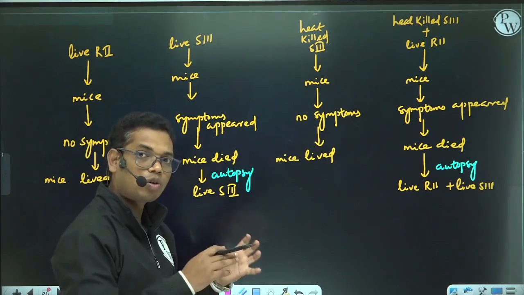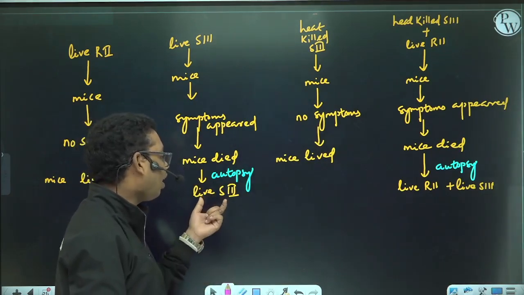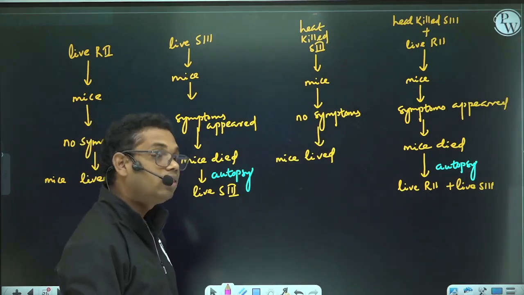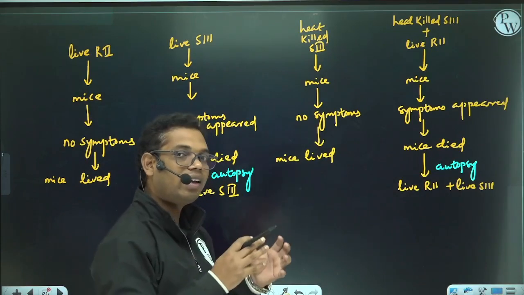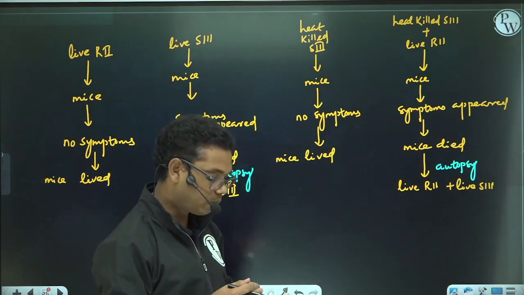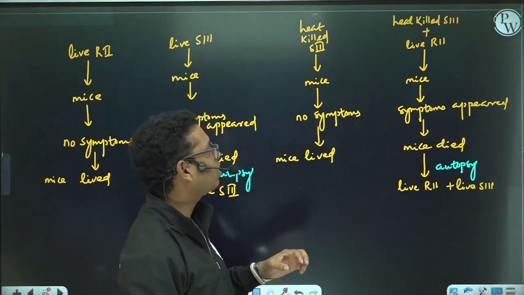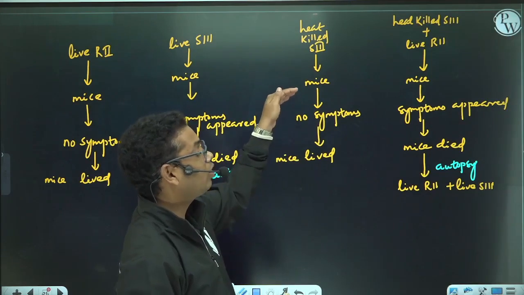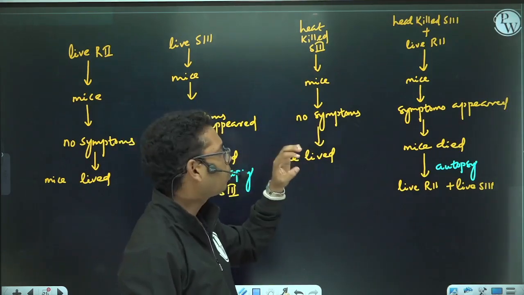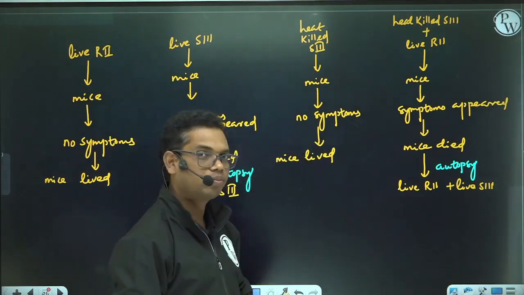When he performed the autopsy, he found that the dead mice had live S3 bacteria. Then he killed that S3 by providing heat. So those bacteria will be called heat killed S3, and that heat killed S3 was injected into healthy mice, and he found there was no symptom of pneumonia, and the mice survived.